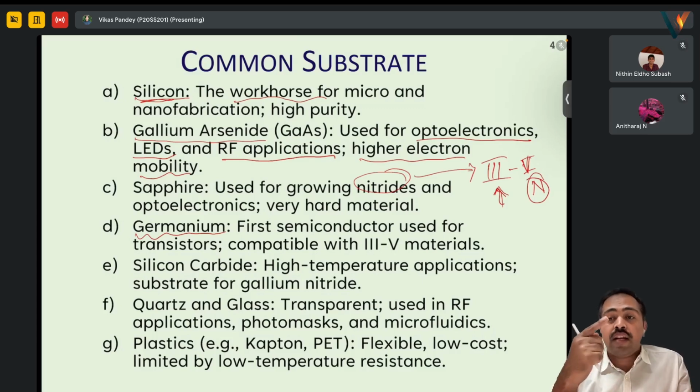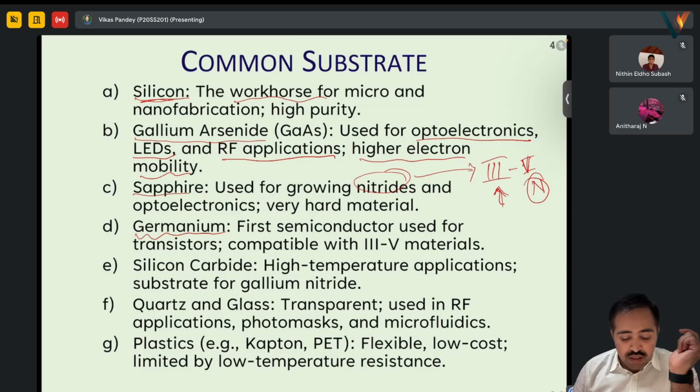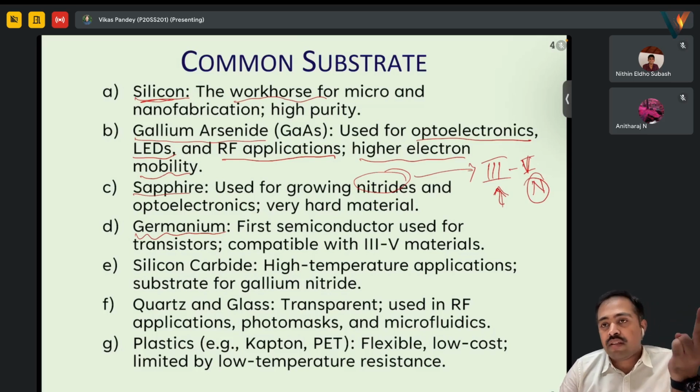Since sapphire is a very tolerant material, it can resist a lot of temperature, it is chemically very inert, and it has good optical properties, like it is transparent. So it is used to grow nitrides and some optoelectronic devices like GaN, gallium nitride. And it is a very hard material. So one we have seen is silicon, third is gallium arsenide, these are substrates we are talking about.